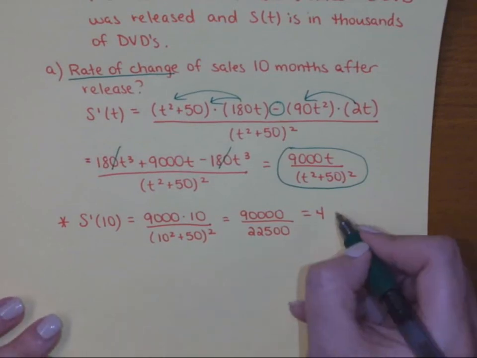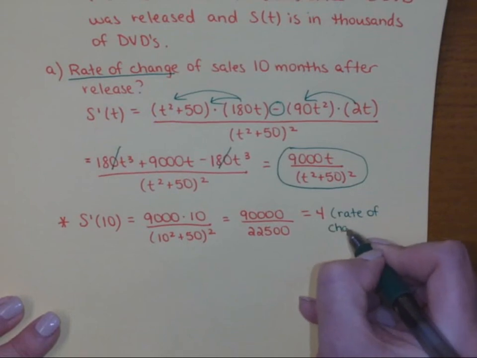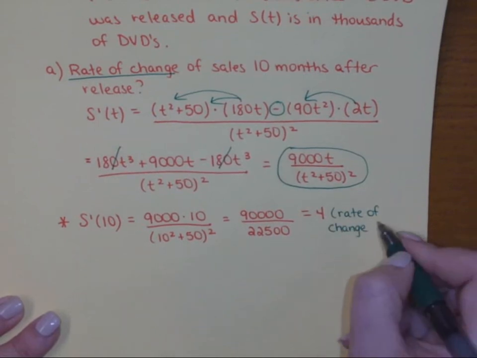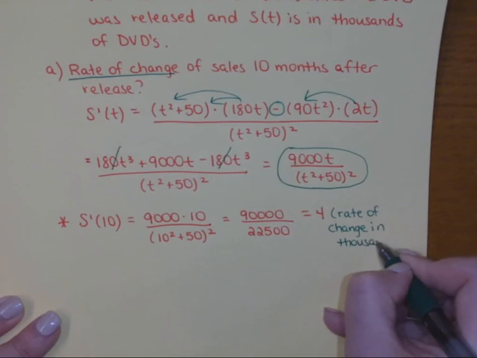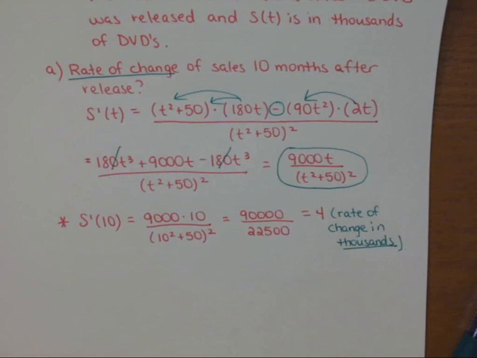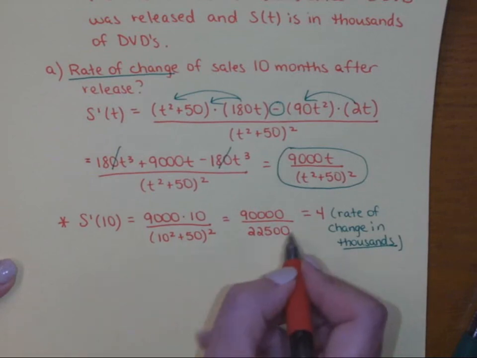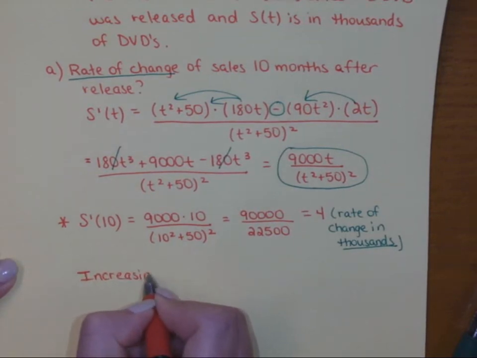But just remember that this is the rate of change in thousands, because if you remember the problem, S of t was in thousands. So you always want to go back and read the word problems. A lot of times we will have the problem in millions or thousands or something like that. So what this means is because it's positive, we are increasing at this stage.